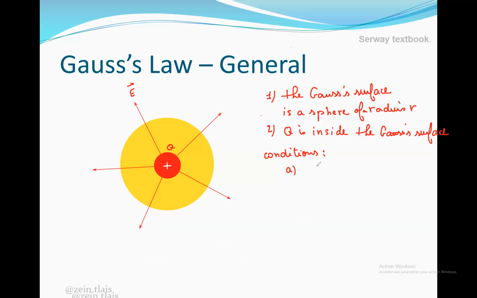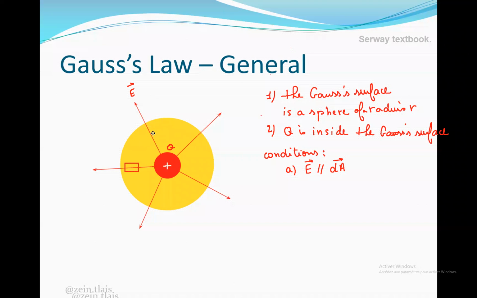A, the electric field must be parallel to the area on the sphere. What do I mean? We can take a small element of this surface. We have here the surface, and we can take any small element.